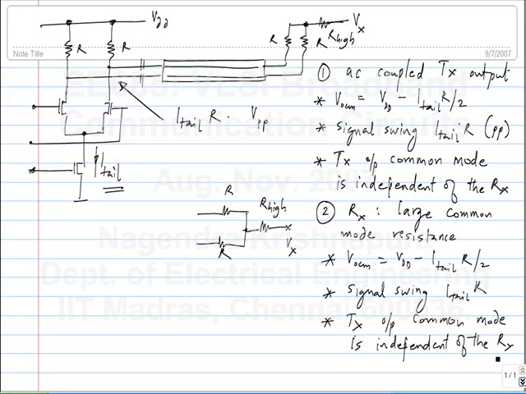Okay. So as far as the transmitter is concerned, it is almost the same. The only difference is that now you don't have AC coupling, so you don't have attenuation at DC. This is a DC coupled termination.